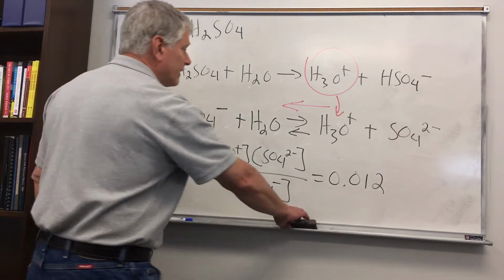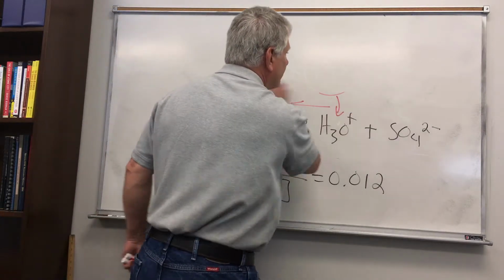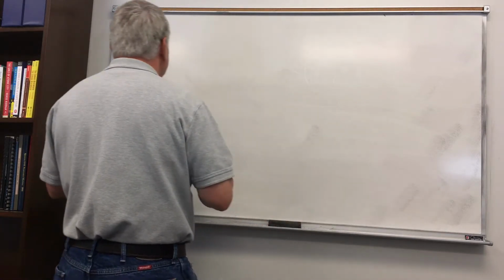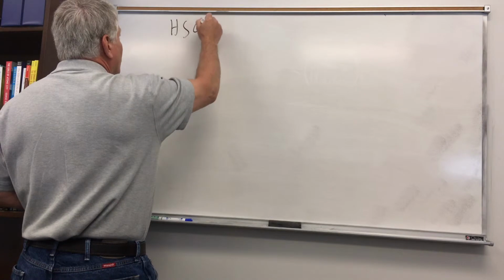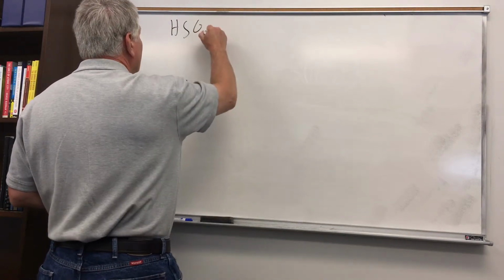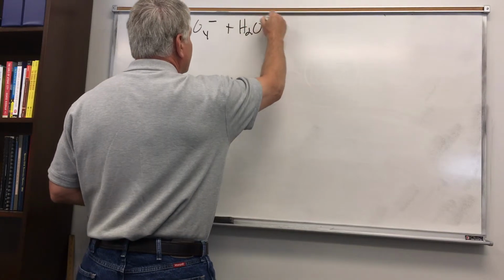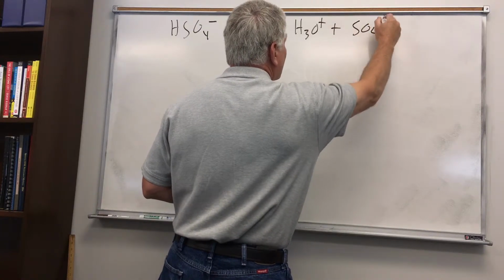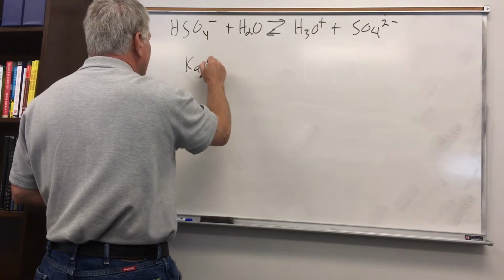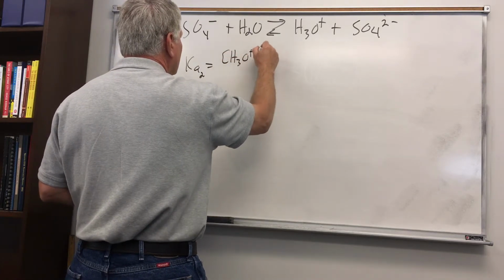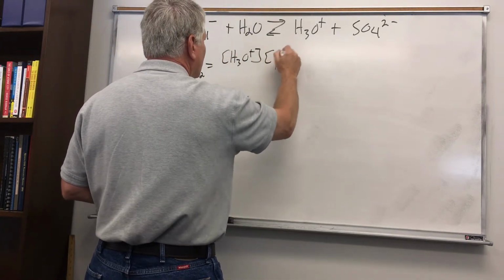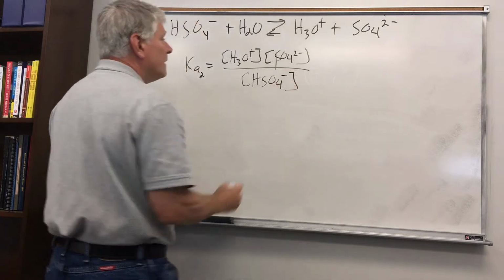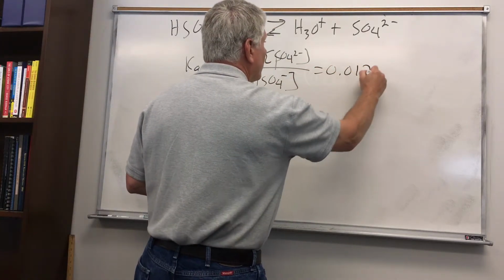So let's look at this numerically. So say we have the HSO4- reaction and we have our equilibrium constant, and it's equal to 0.012.